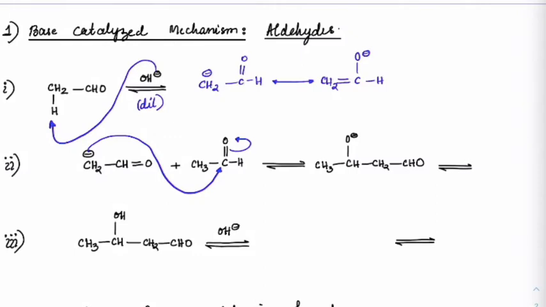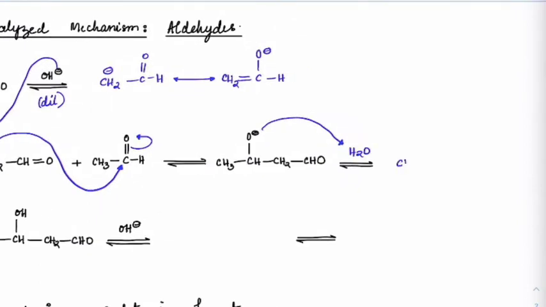And then this takes away H plus from water, and we will get CH3 CHOH CH2 CHO.